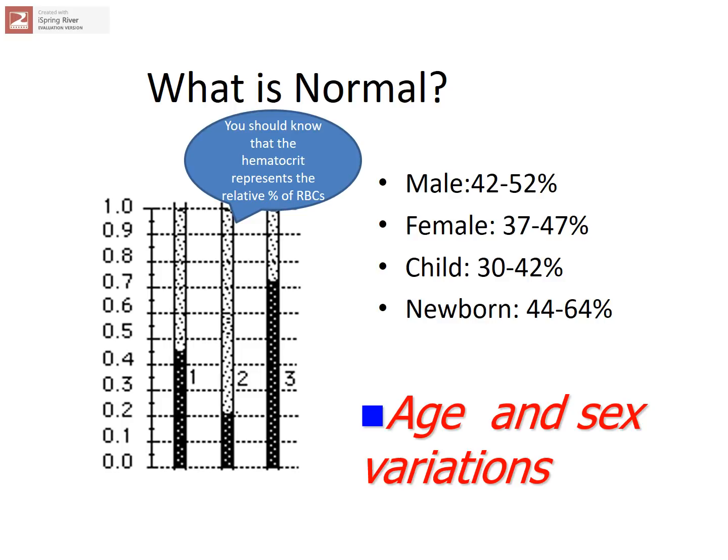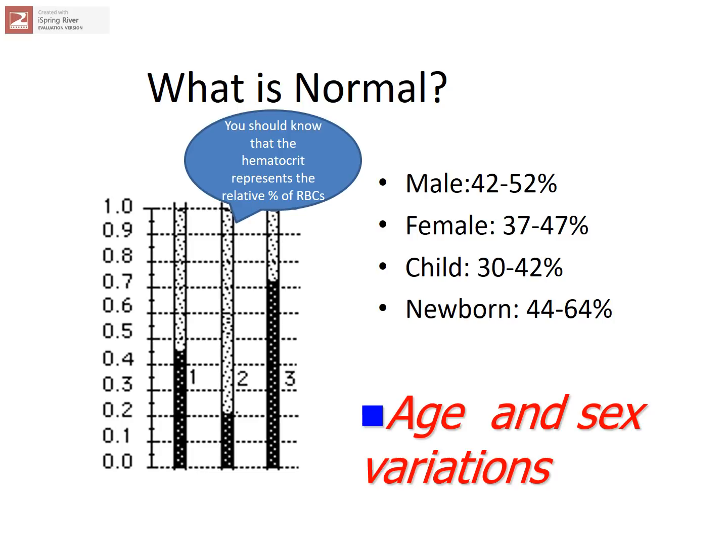Here's an example of what a normal, anemic, and polycythemic hematocrit might look like. Number 1 represents a normal hematocrit, 2 is anemic, a very low percent, and 3, polycythemic, a very high percent, approaching 70%.